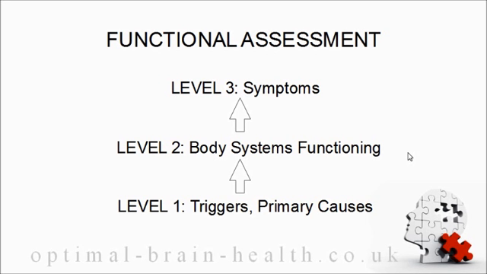And we're using functional lab tests to find out which systems are imbalanced or not working as well as they could, because that gives us targets for interventions. We're looking for the places where we can make the most difference. Ideally, we're looking for the ongoing primary causes, both in terms of what's missing that the body needs and what's present that is causing harm.